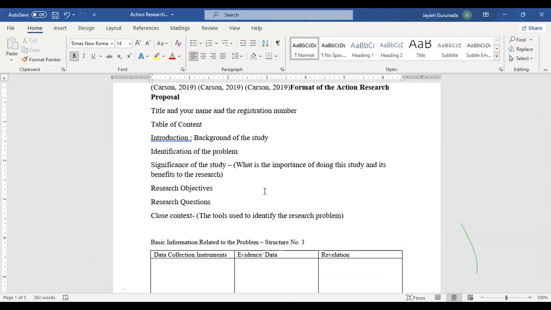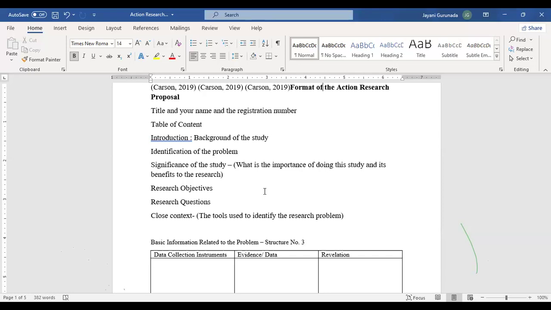So, third one, you can talk about the major components. Now here, title, your name and the registration number should be in the first slide, right? Then the second one, you can give an introduction, rationale.